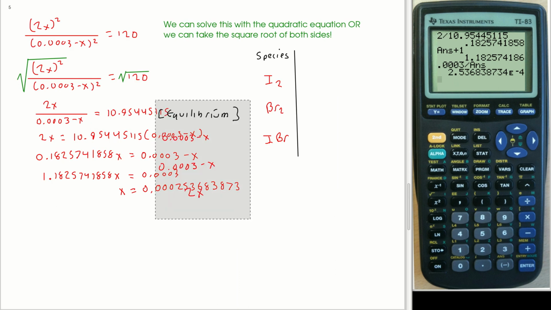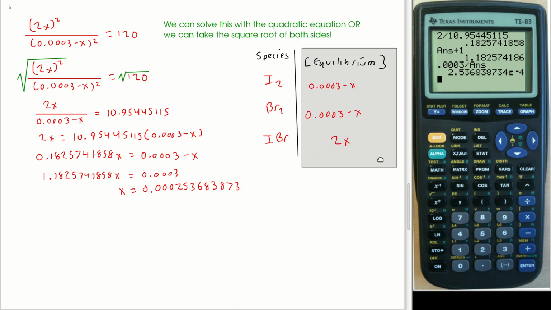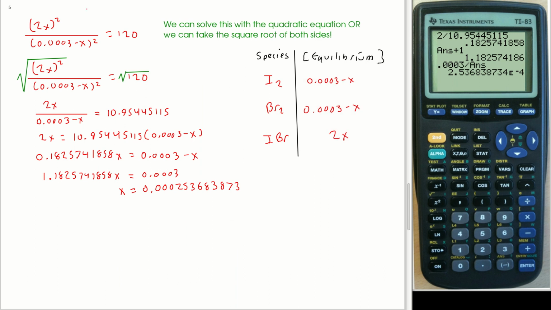Sometimes you get caught up in doing the algebra and you forget what you're calculating the algebra for. So we were trying to find the iodine monobromide concentration. And according to our equilibrium chart that we made on the last slide, 2x is equal to the iodine monobromide concentration.